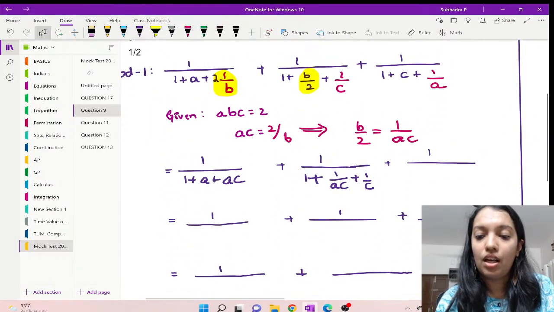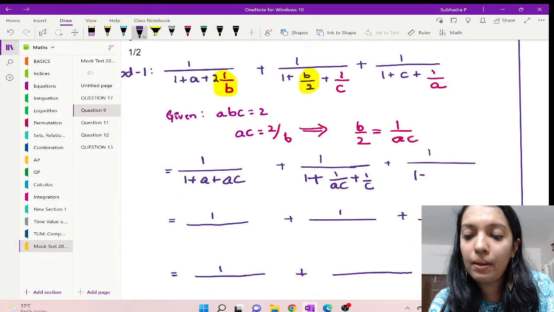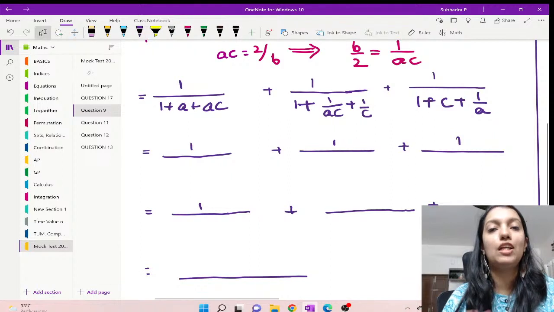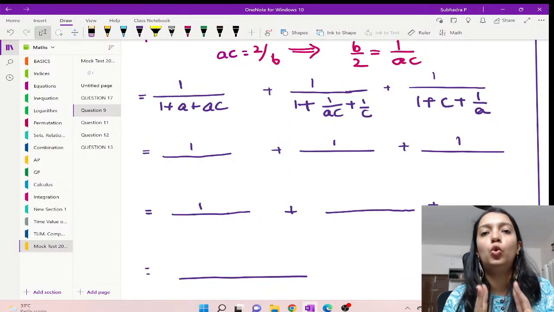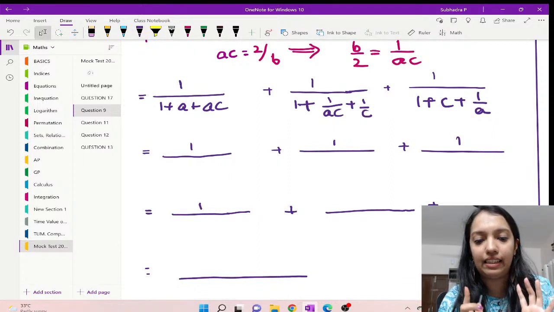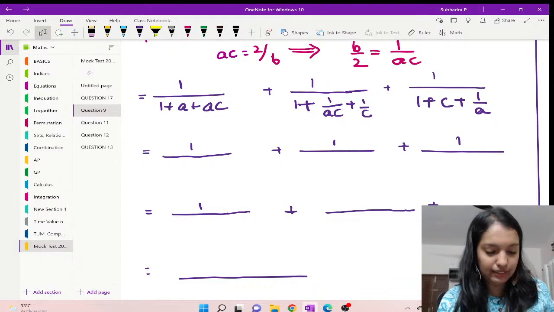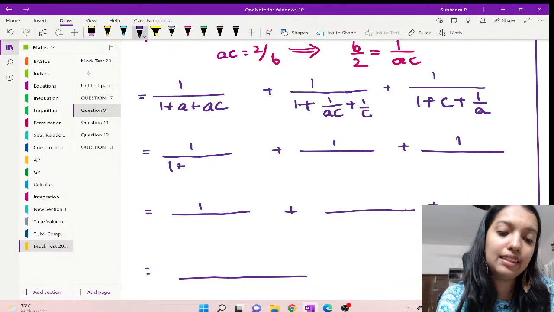Yes. Next, 1 plus C plus 1 divided by A. So my entire equation has been replaced with only 2 alphabetical letters, A and C. Now it is easy to substitute. In the first part there is nothing, so I will just write this as 1 plus A plus AC.